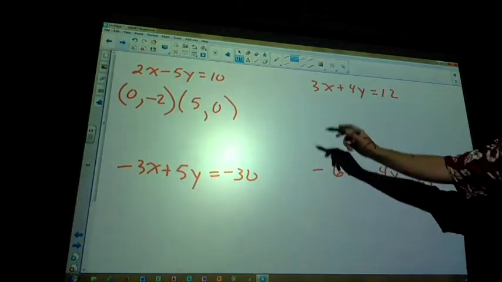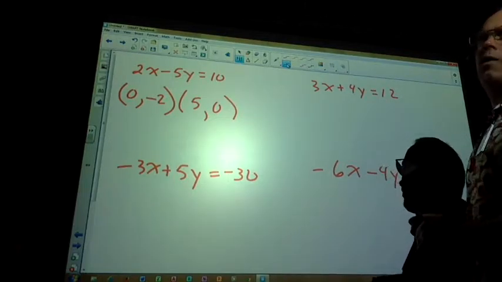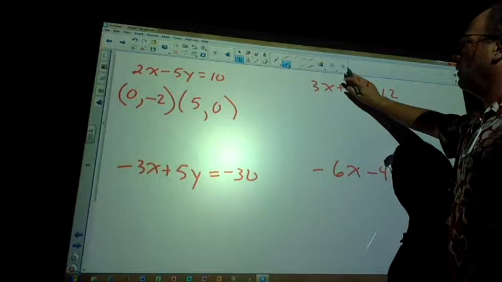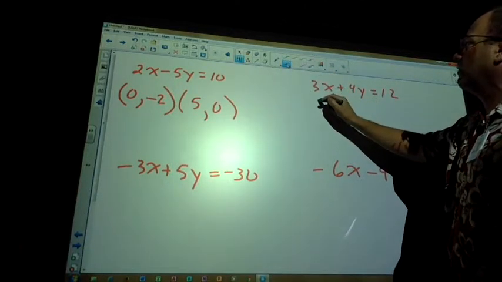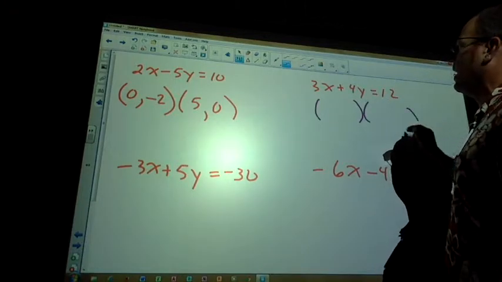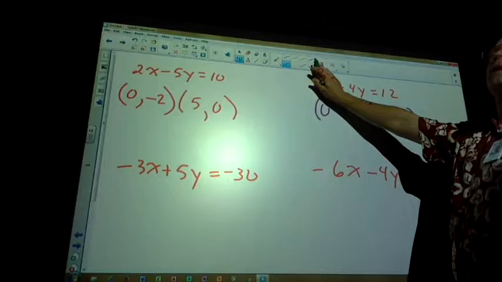So I just wrote down x equals 5 and y equals 8. Make it an ordered pair, please. If I want to solve for y, I'm going to cover up the x. If I cover up the x, what value am I plugging in for x? 0. So y is equal to?